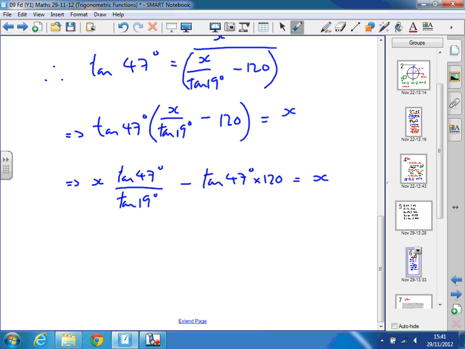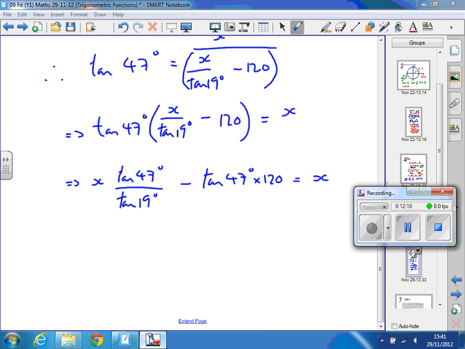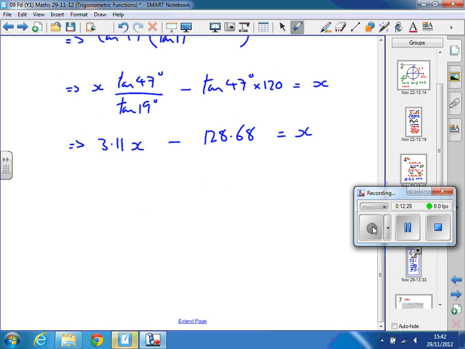What is tan 47 divided by tan 19? Making sure we're in degrees, please, when we work it out. 3.11x minus, what's tan 47 times 120? 128.68 equals x. So now we subtract x from both sides and add 128.68 to both sides.